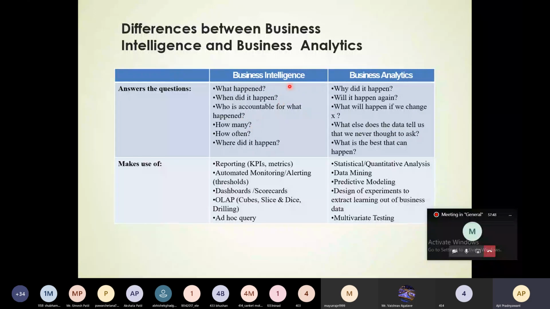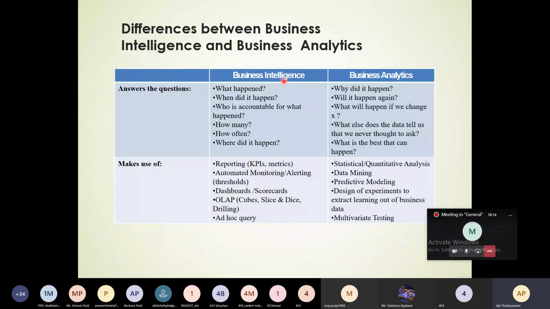All these questions will be answered by BI. Whereas: why did it happen, will it happen again, what will happen if we change X, what else does the data tell us that we never thought to ask, what is the best that can happen. These questions will be answered by business analytics.